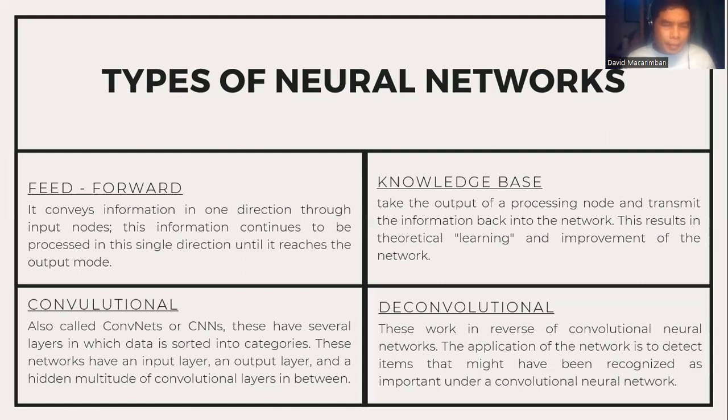Then next is the convolutional. Example to this is the computer visions are face recognition, image classification, and etc. Then knowledge base, as discussed a while ago, example to this is the public library, a database of related information about a particular subject.